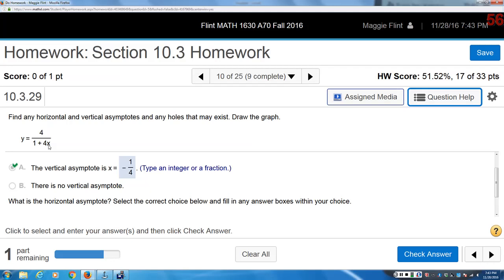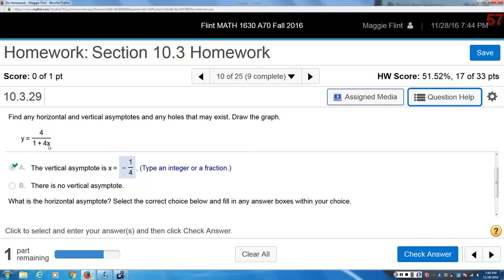Okay, let's do this numerically so that it makes sense. 4 over 1 plus 4 times x. Let's let x be 1. That's 4 over 5, right? Okay. 4 over 5 is a fraction. Let's let x be 10. Then that becomes 4 over 41.